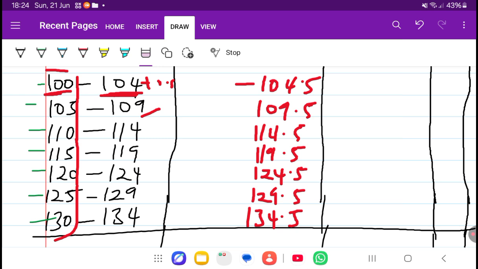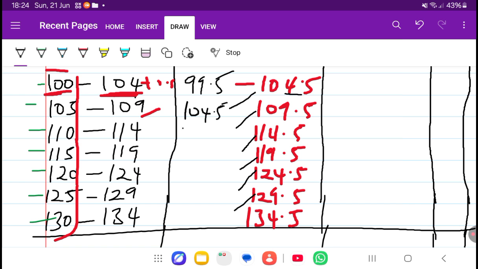We said for this one, we are just going to take 100 minus 0.5. This will be 99.5. Now what we do, we just push this. You bring this side, this side, this side, this side, and this one this side. You just take this 104, you take it here, 104.5.